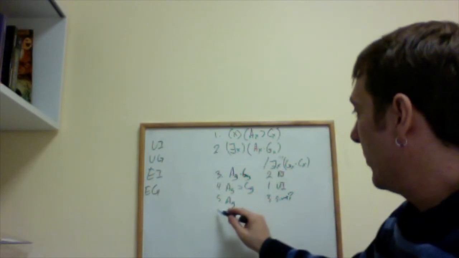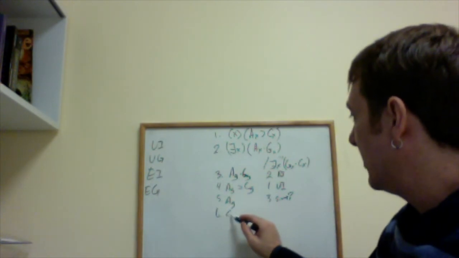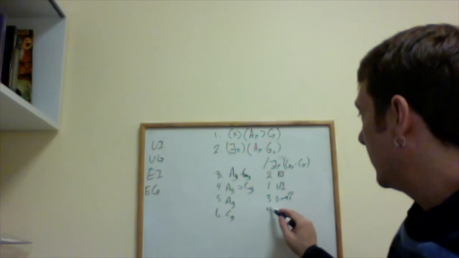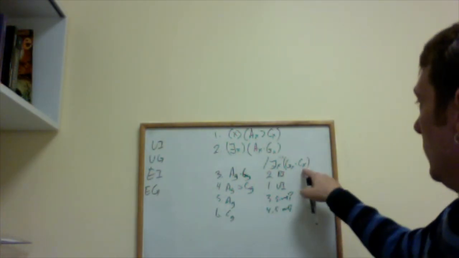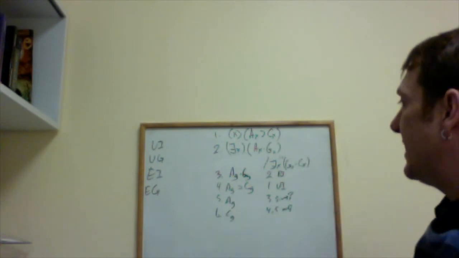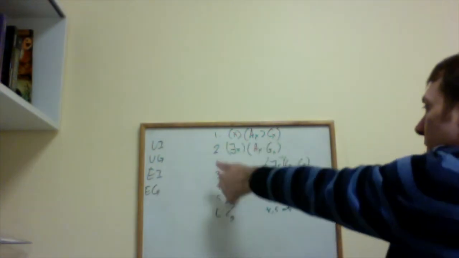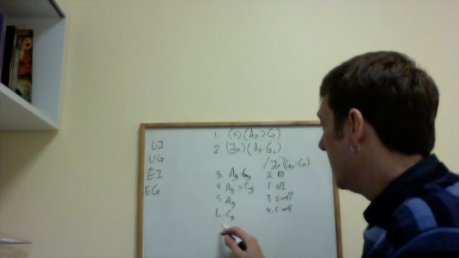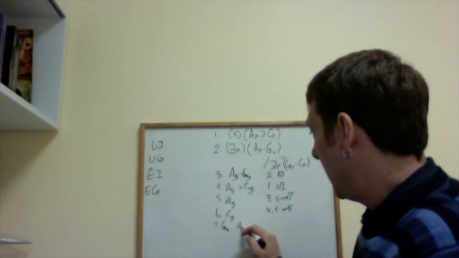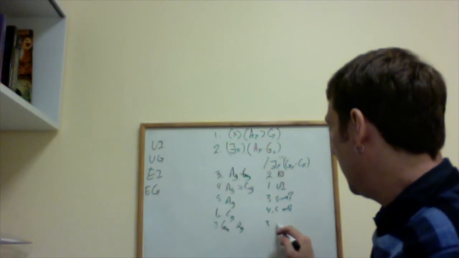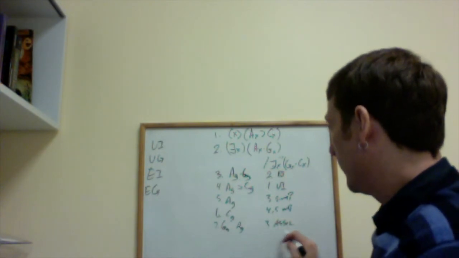Now we can do modus ponens. Line 6, we get CG, and we got that from lines 4 and 5 by modus ponens. So we're on our way. Now we need to get G down here. We can get it by reversing and simplifying. So we can write down line 7, G dot AG from line 3 by associativity.